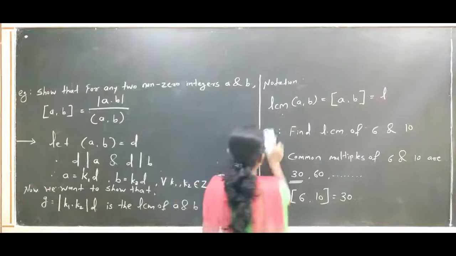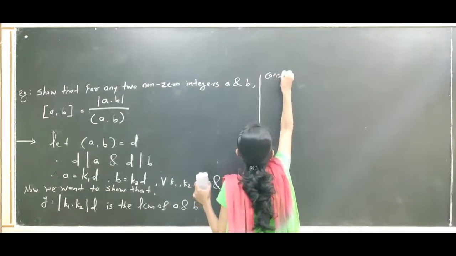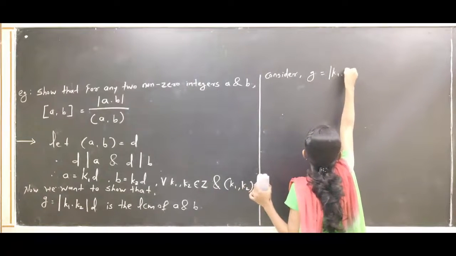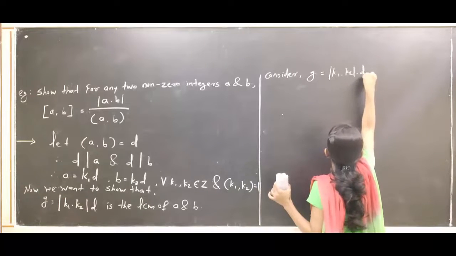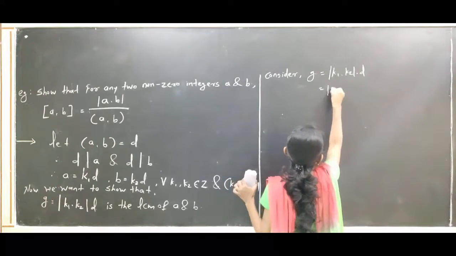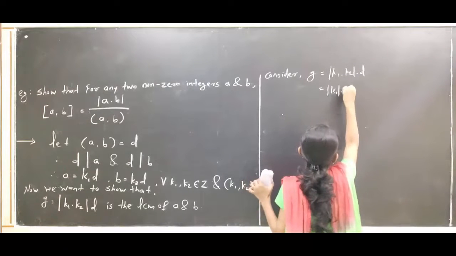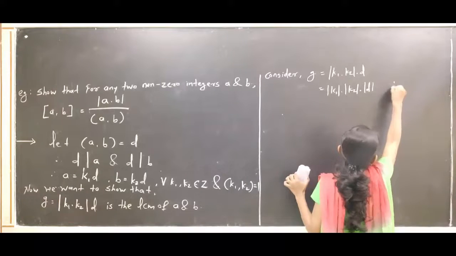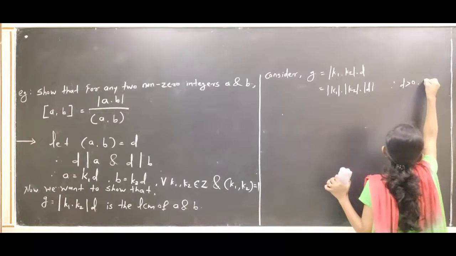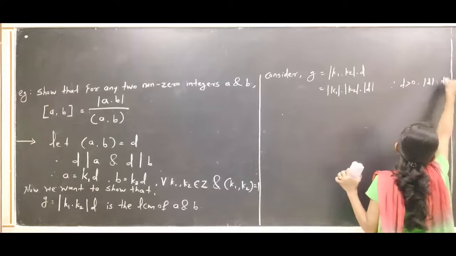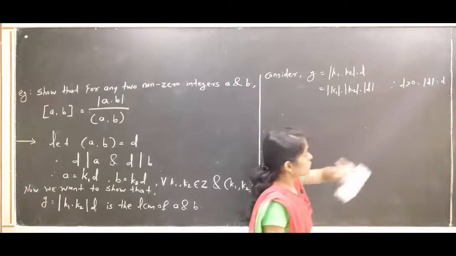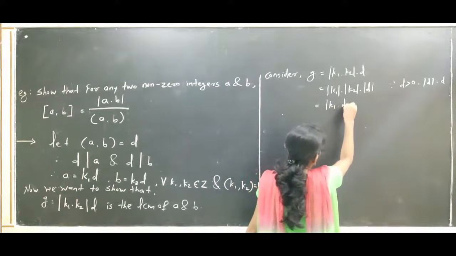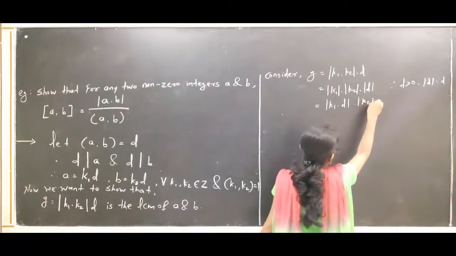So now we consider G equal to mod of K1 into K2 into D, which is equal to mod of K1 into mod K2 into mod D. Since D is greater than 0, mod D is equal to D. So here mod of K1 into D into mod K2.